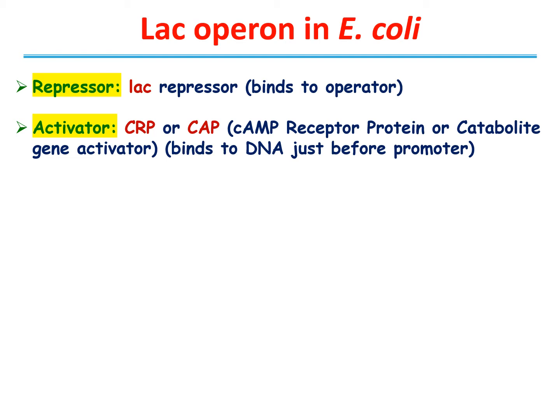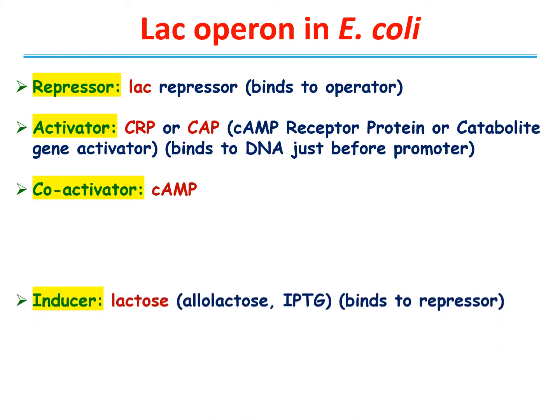Then there is a co-activator. Now this activator needs another regulatory molecule, in the form of cyclic AMP. Now cAMP has to go and bind to CRP, and then this activated CRP goes and binds to the RNA polymerase, which is bound to the promoter, which is just adjacent to the activator.